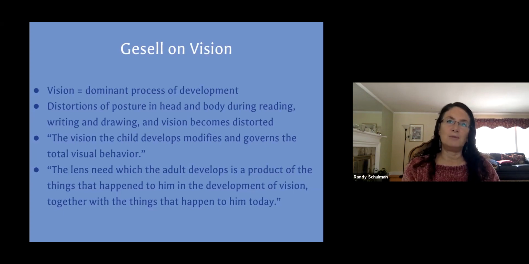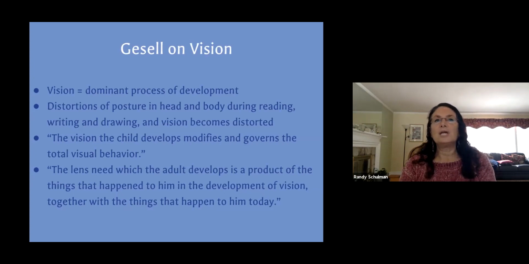We also see how people with eye turns will actually have postural shifts and head turns and all that. So we want to be looking at posture, head movement, the visual system in context to development and posture. So that's where we're going with all this.